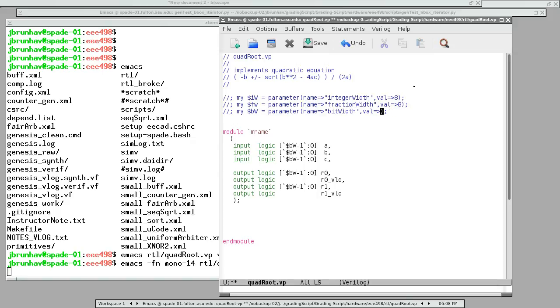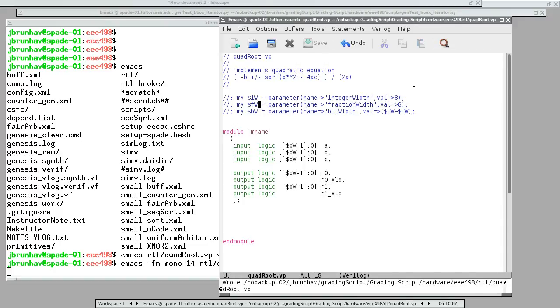And then we should change the default here to be $IW plus $FW. So the idea is that instead of having a 16-bit integer where the radix is to the right of the LSB, we can specify how many bits are integer bits and how many bits are fraction bits.